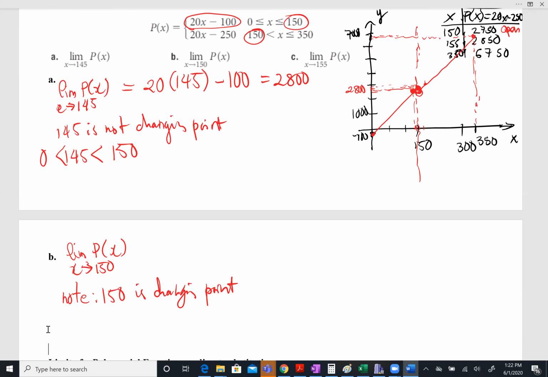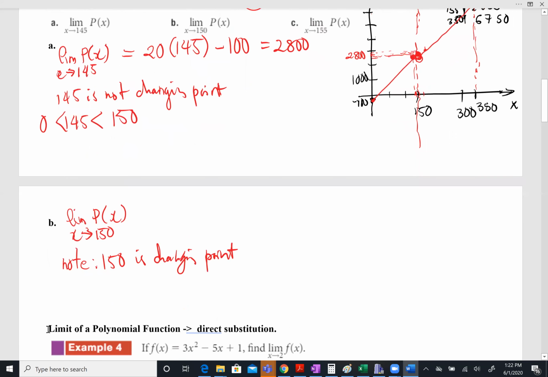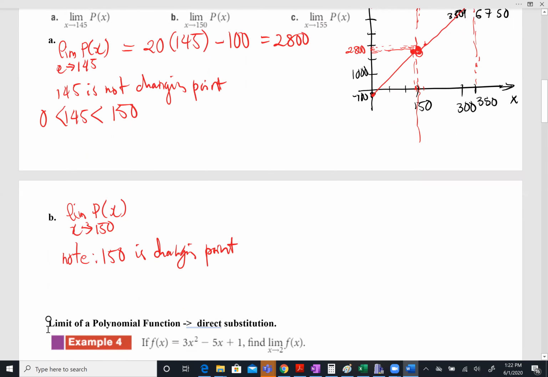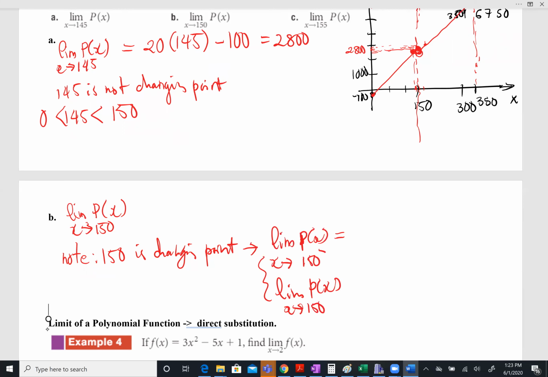Since it is a changing point, you have to find the limit of p(x) when x goes to 150 from the left-hand side, and another one is the limit of p(x) when x goes to 150 from the right-hand side.